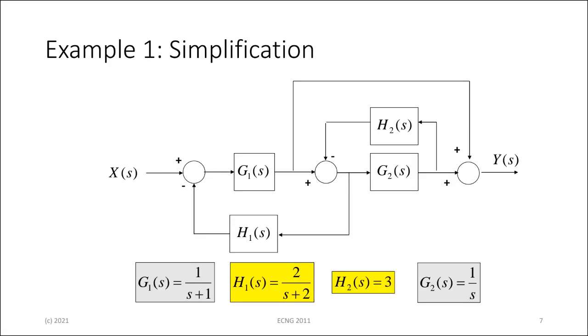So here's the one we started the class with, and we have some transfer functions for G and H, for the two G's and the two H's. We're not going to worry about that as yet. What you do is simplify the entire diagram, and then you make a substitute for G and H. Right?